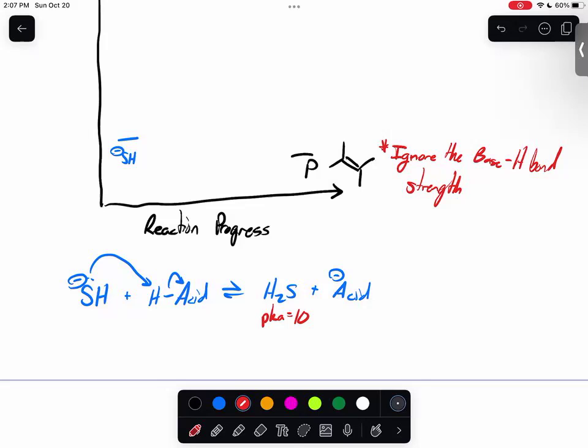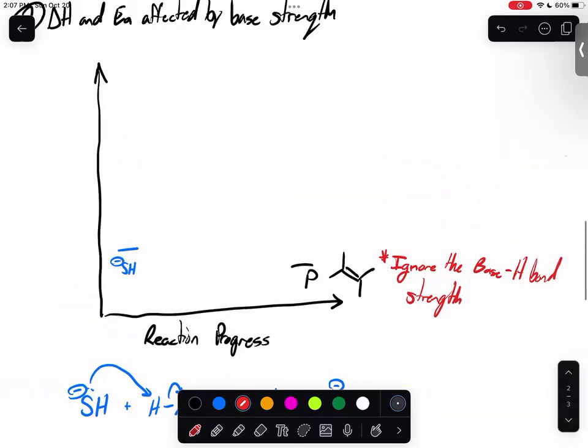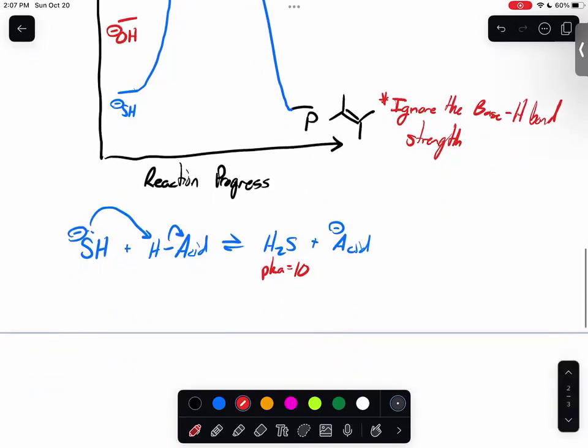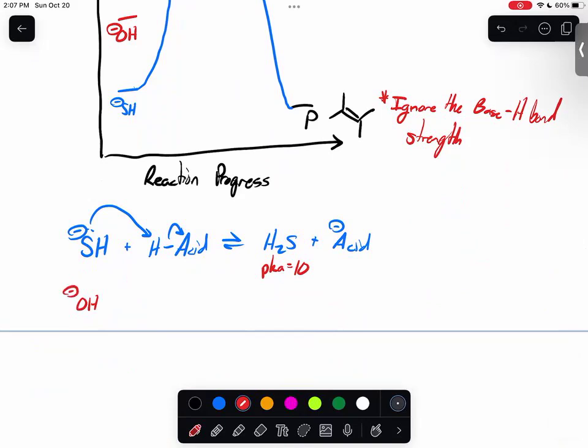It's relatively weak. What we'll see is that this will go very high in terms of activation energy, and then it'll drop down to where the products are. If we were to then take a look at something like this OH minus, right, it's a better base. Because if we think about OH minus plus H acid, it does the exact same thing, but this time we know water has a pKa of about 14.